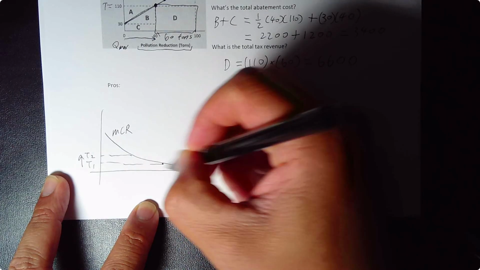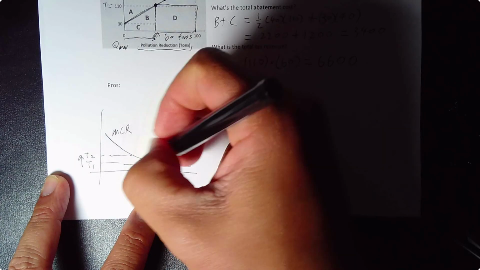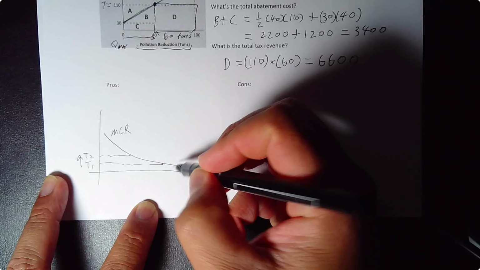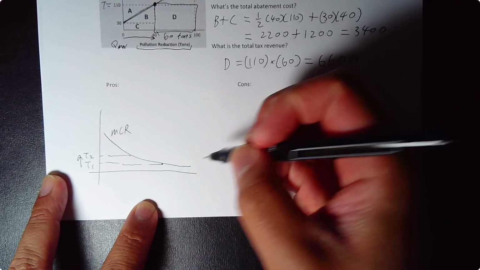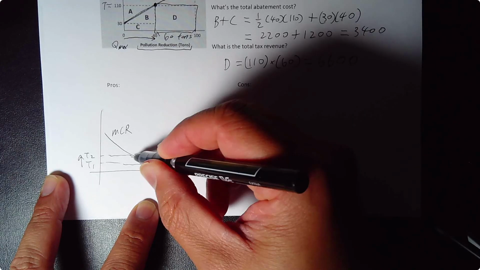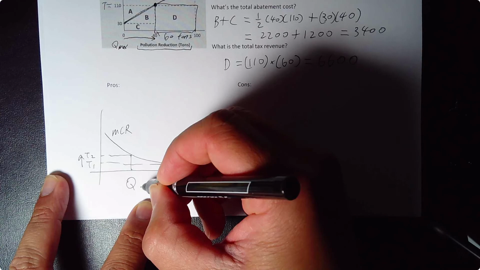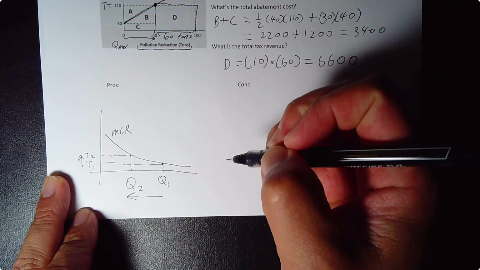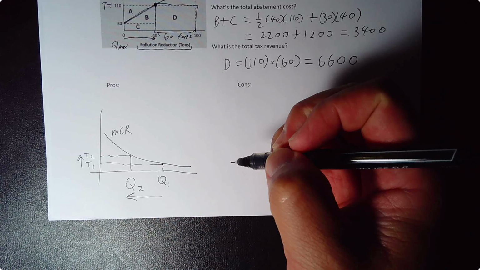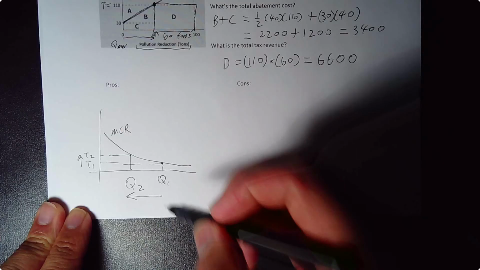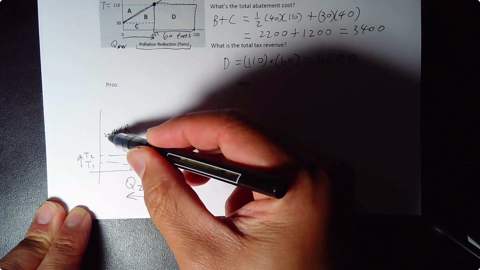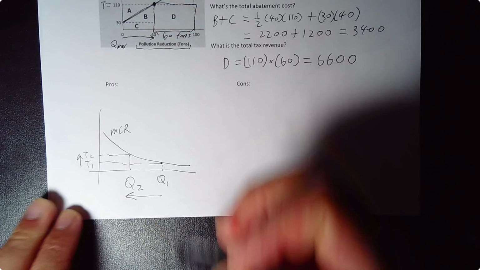By the way, if the MCR is really flat, that means it's pretty cheap for the industry to reduce pollution, and the pollution reduction would be really great, from Q1 to Q2. That is the amount reduced. So the effectiveness of the tax at reducing pollution has everything to do with how steep the MCR curve is.